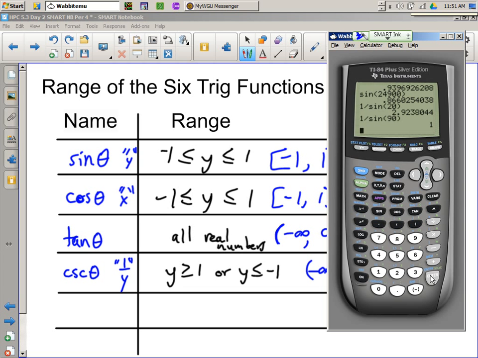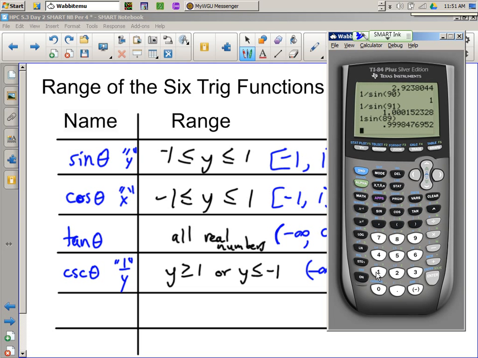Okay, that's okay. We can add 1. We just said can't have something between negative 1 and 1. All right, how about this? 1 over sine 91. Yep, slightly greater than 1. How about 1 over sine 89? Oh, I typed it wrong.